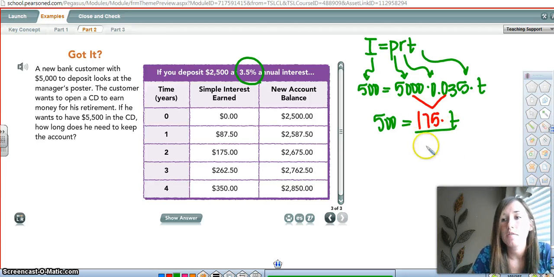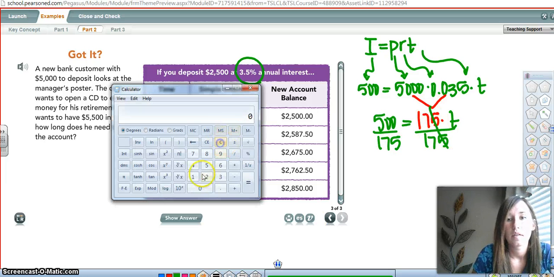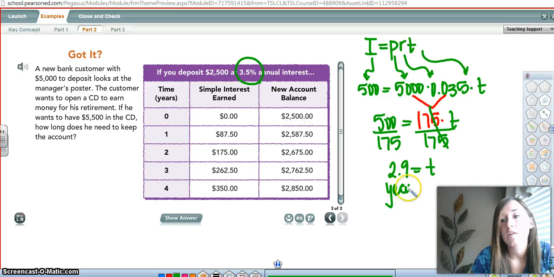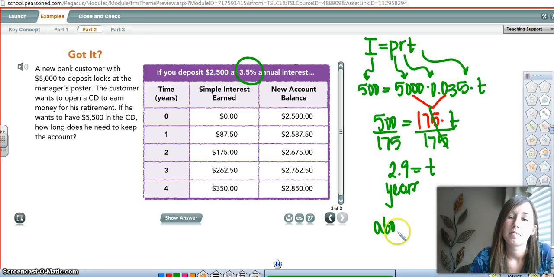To solve, we would divide by 175 on both sides of our equation. 500 divided by 175 would be about 2.9 if we round. And that's years. So you would probably want to leave it in there for about 3 years. And then he would have the money that he needed.